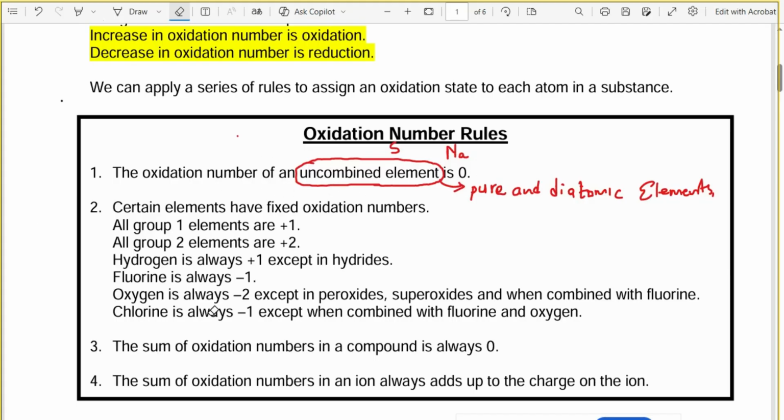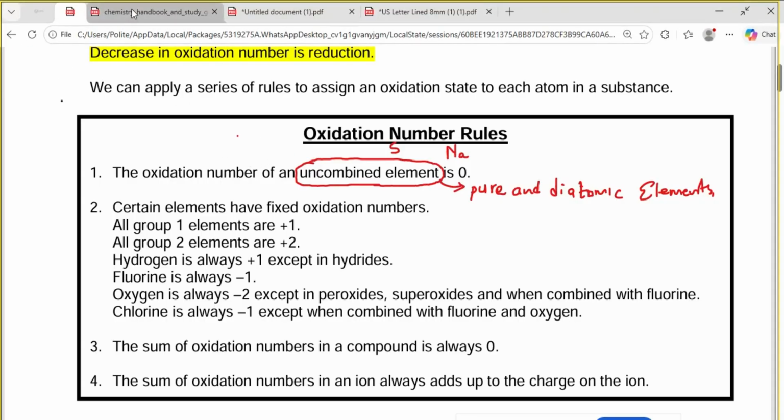And now, certain elements have fixed oxidation numbers. This is where I need your attention. All group one elements are plus one. You know where to find group one on the periodic table.